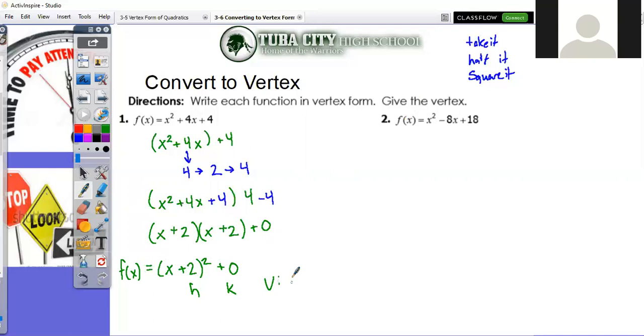It's going to be the opposite of h, and it's going to be the k value here. So I have negative 2, 0. If I were to graph this, I know where the vertex is going to be, so it's going to be a little bit easier to graph. All right, so again, not the best example, I guess, of this.